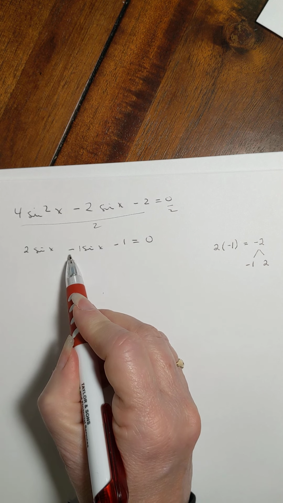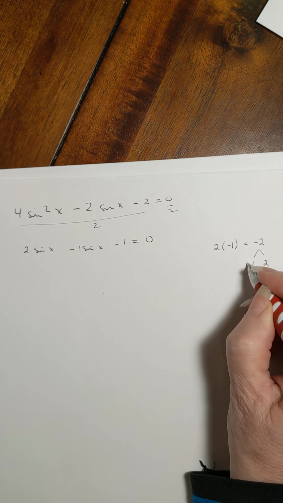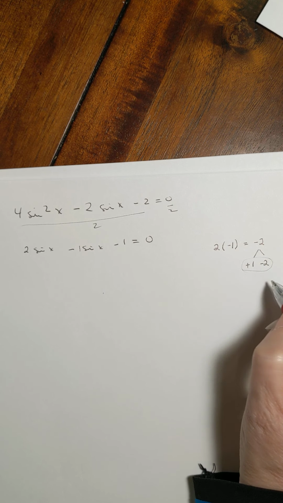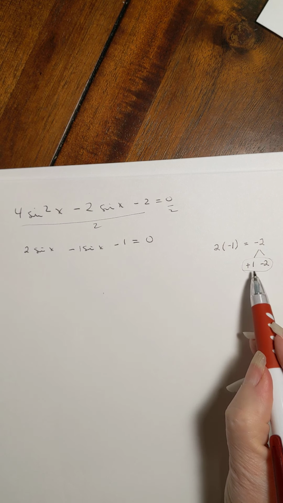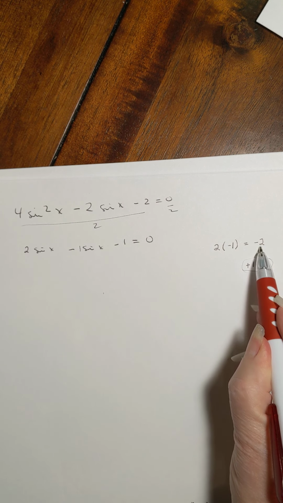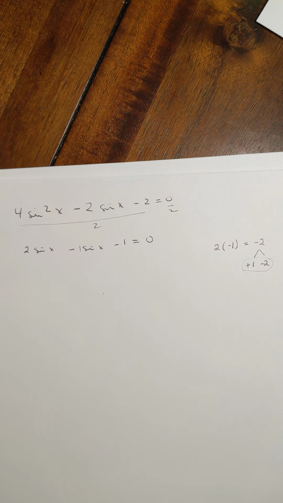I want it to be negative 1. So I'm going to change both of the signs. Change this to plus and this to minus. All right? And so now if I multiply them, I still get negative 2. And if I add them, now I get negative 1. And that's what I want.